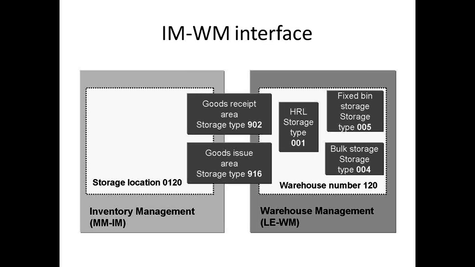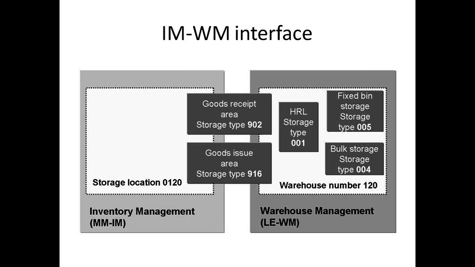So in configuration, we do maintain these particular storage types. Whenever there is movement type 101, we configure that particular movement type. 101 means goods receipt in inventory management.